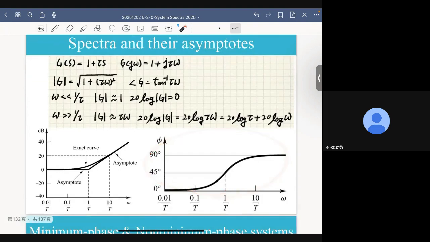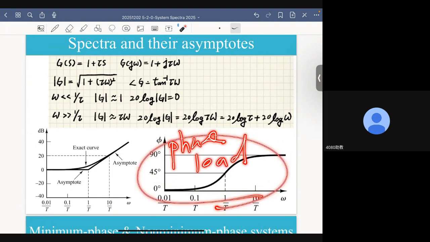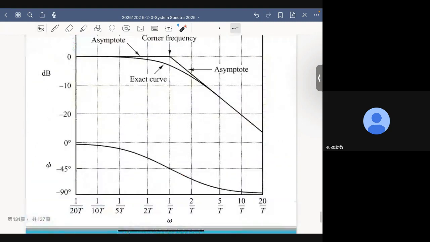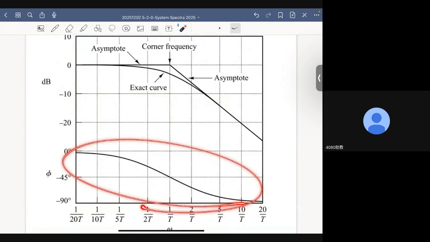This is not phase lag. This is phase lead, right? Because the phase angle it introduces is all positive. By contrast, for the stable pole, the phase angle is all negative.